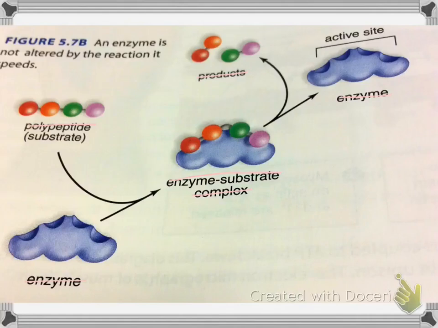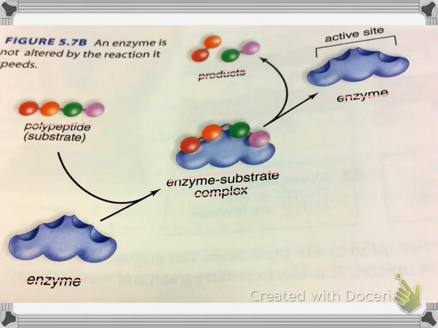Okay, so Karen's saying it's kind of got some indentions in it. What do we call those indentions in the enzyme? The active site. And you would have to be able to identify the active site. So adding what Katie and Karen said, if you'll note, the substrate changes into the products, but the enzyme never changes. And the enzyme usually has some kinds of little curvature or indentions that are complementary in shape to the substrate.